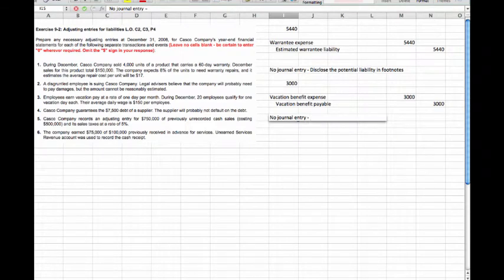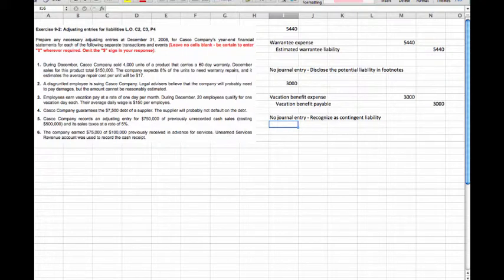Because we know the dollar amount, the $7,500, and it's a contingent liability in that there's a possibility that it may occur, we would need to recognize this as a contingent liability and disclose that on the financial statement footnotes.